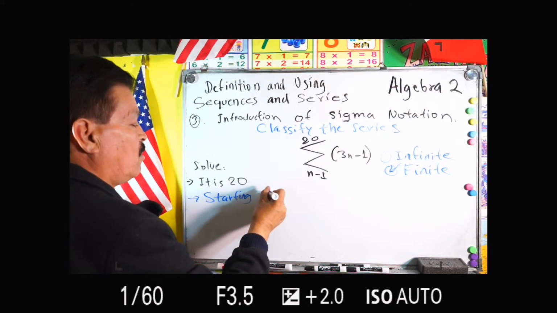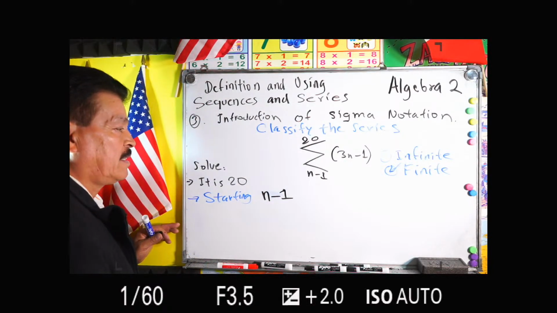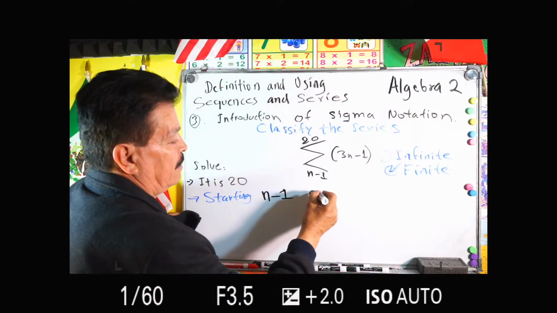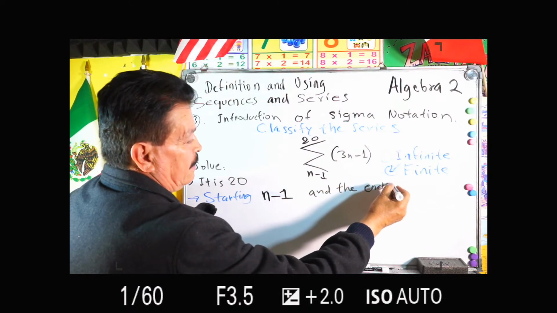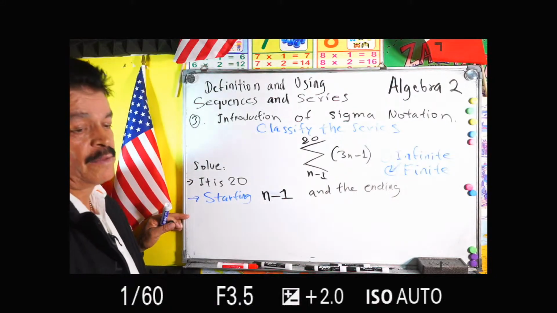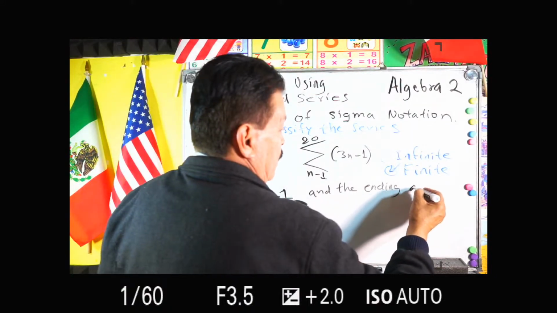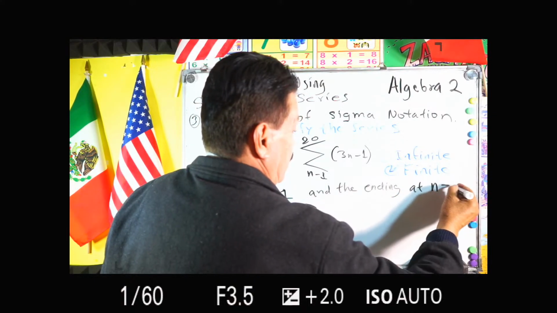Don't be confused. So it starts at that point, and the ending of the series is at n equals 20.